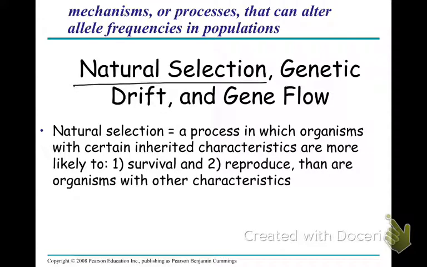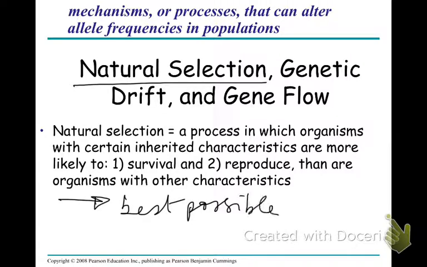Natural selection is a process where certain inherited characteristics are more likely to survive and reproduce, and the other organisms with other characteristics might not have the chance to increase in number. So this helps in selecting the best possible under the circumstances.